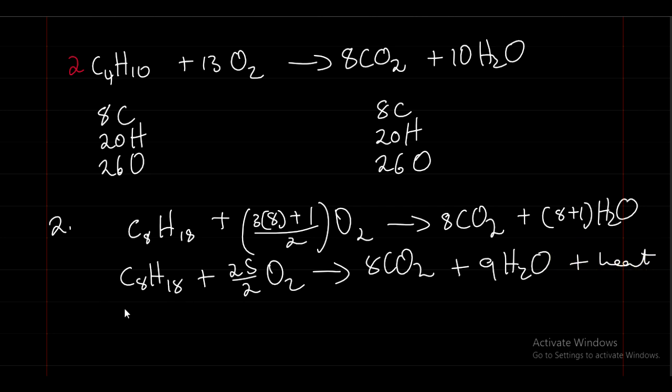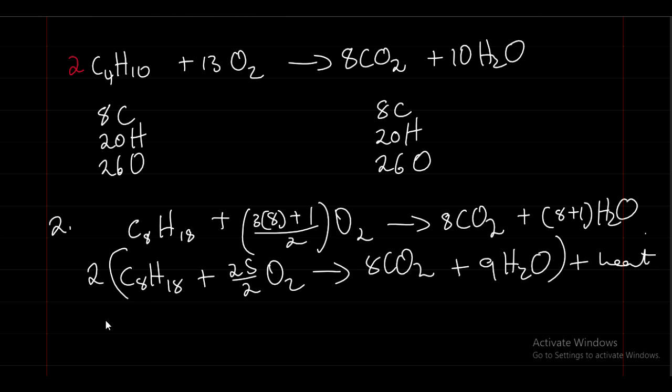So now we don't want fractions in our equation. Because we don't want fractions, don't include the heat, just do this. We multiply everything by 2.